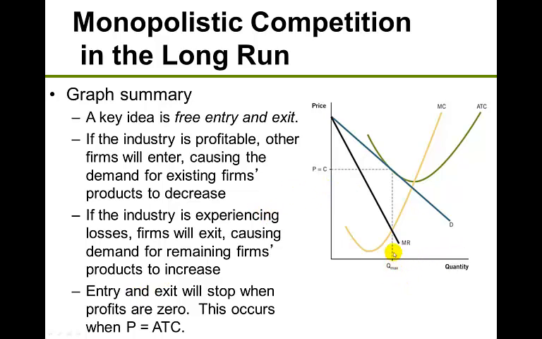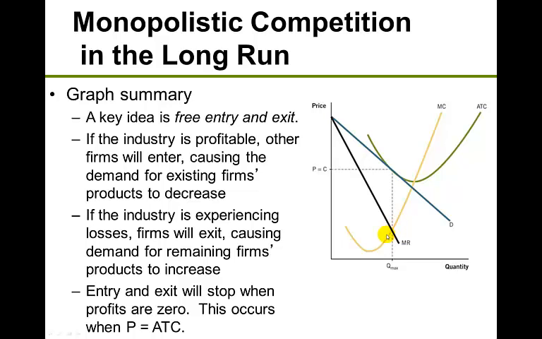Well, our firm produces where marginal revenue equals marginal cost, and the price that the firm charges is given by the height of the demand curve at that quantity. The average total cost is given by the height of the average total cost curve at that quantity, and these two things are the same. So in the long run, we're always looking for this tangency between the demand curve and the average total cost curve, where marginal revenue crosses marginal cost.